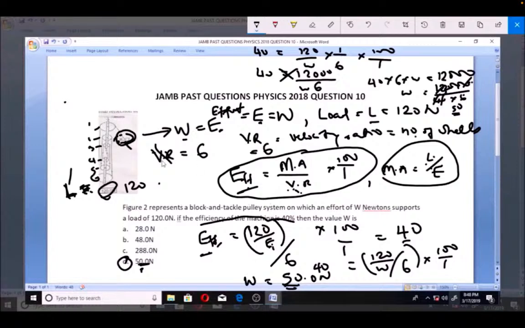Note that VR is the same thing as the number of wheels in this pulley system. So these are the formulas for calculating a pulley system: efficiency is MA over VR times 100 over 1, MA is load over effort, and VR is the number of pulley wheels.